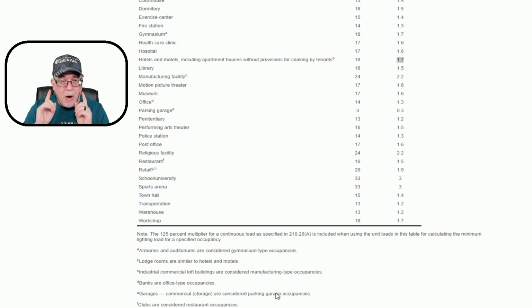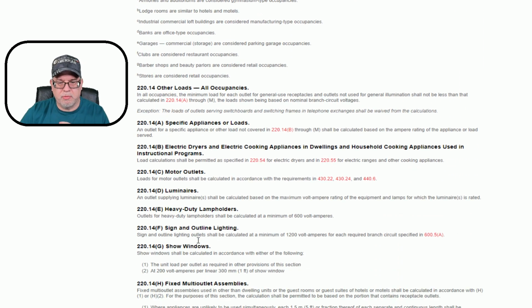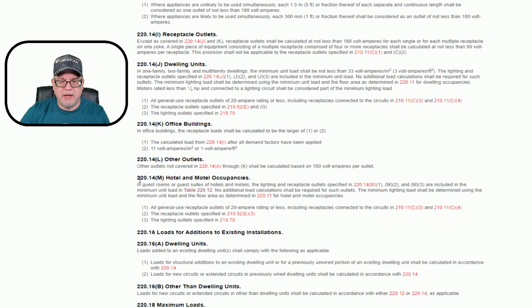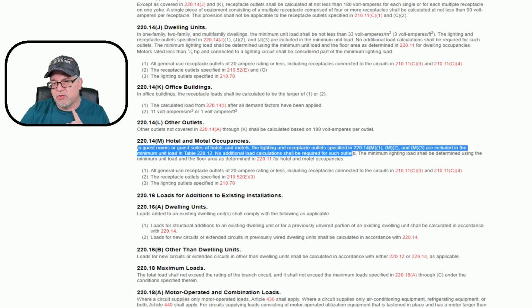And also, while I'm here, I might as well touch on this since, again, you'll get those questions. They'll say, okay, but what about the receptacles, the general use? Well, if you go down here, you'll notice that there is a 220.14(M), and it says, in guest rooms and guest suites of hotels and motels, the lighting and receptacle outlets specified in 220.14(M)(1), (M)(2), and (M)(3) are included in the minimum unit loads in Table 220.12.